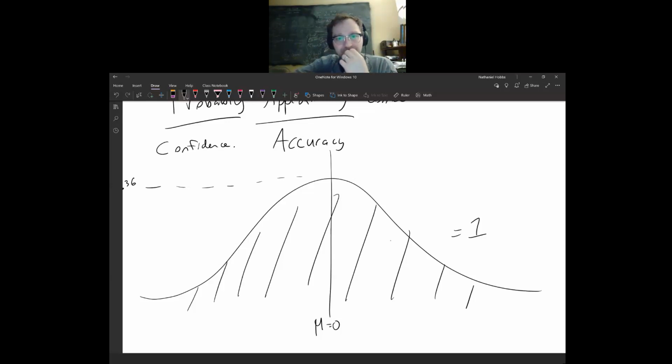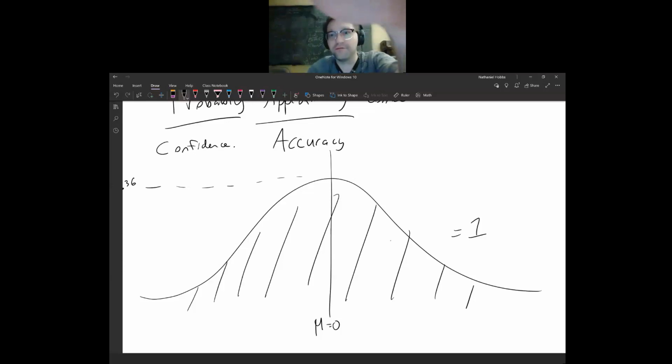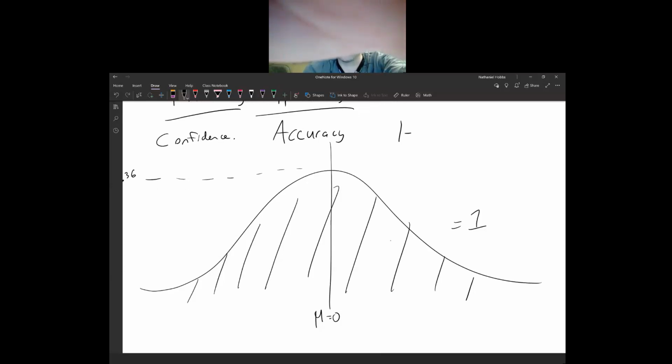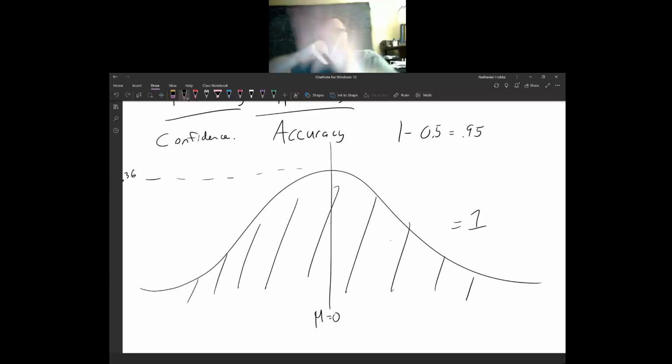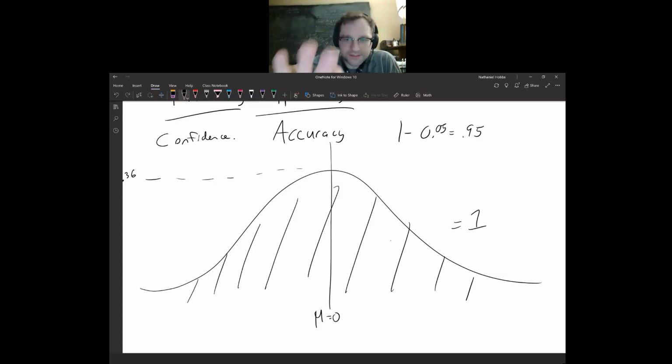Take off 0.05. Take off 0.05. Very good. All right, so 1 minus 0.05 is equal to 0.95. Another thing, a hint, is that this hill is symmetrical. It is exactly the same on the left as the right, the shape.